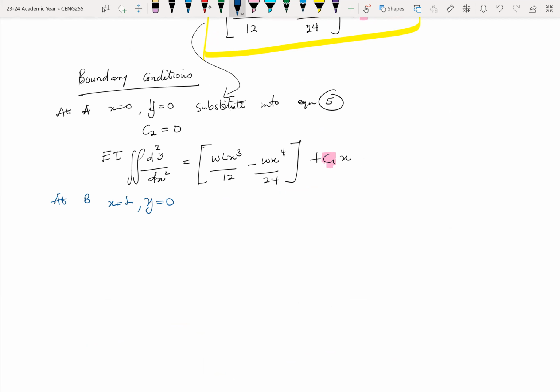So you place that, let me call this equation 6. So you substitute into equation 6, okay?